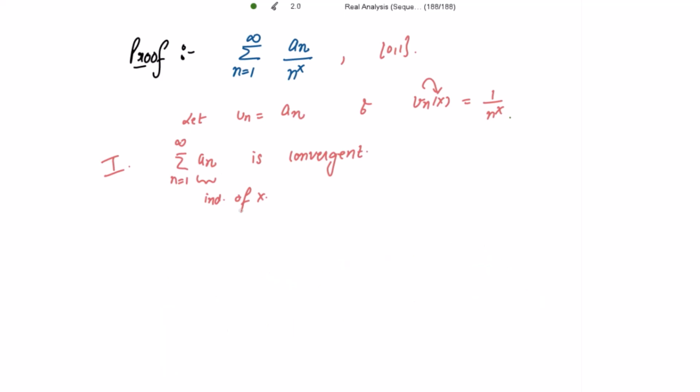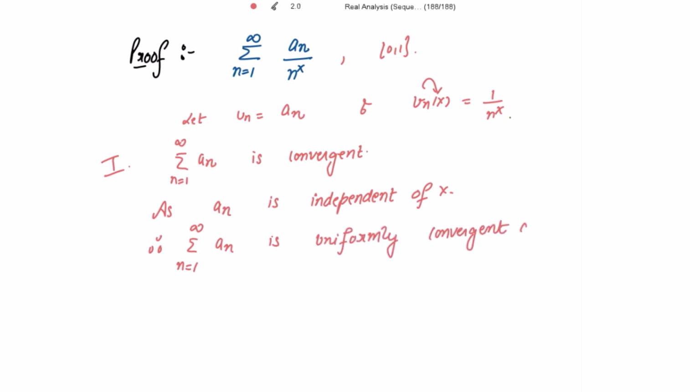Now, as an is independent of x, we say that this summation is uniformly convergent. Therefore, the summation n going from 1 to infinity on an is uniformly convergent on the closed interval 0, 1.